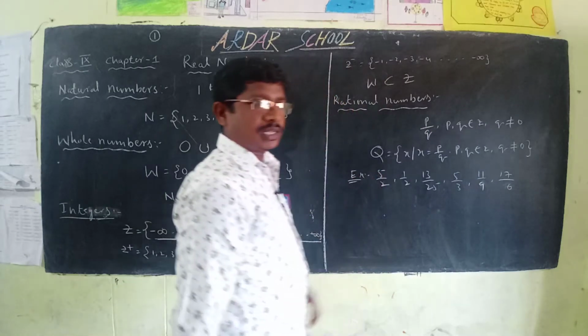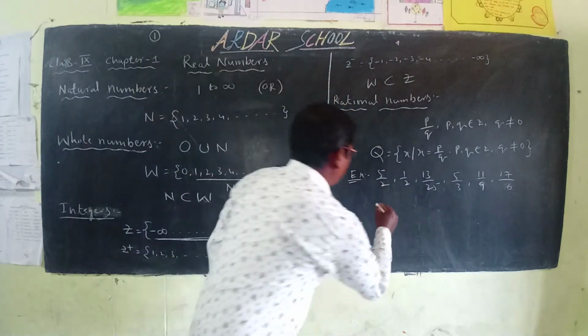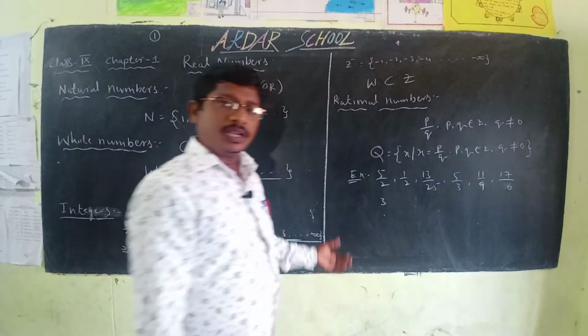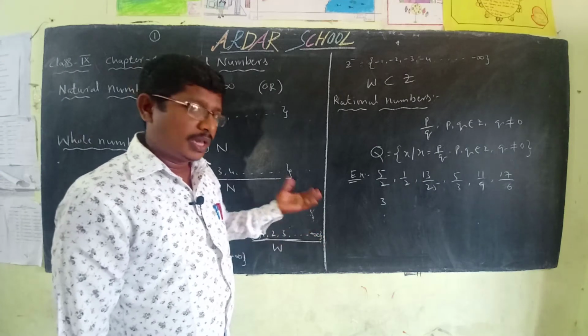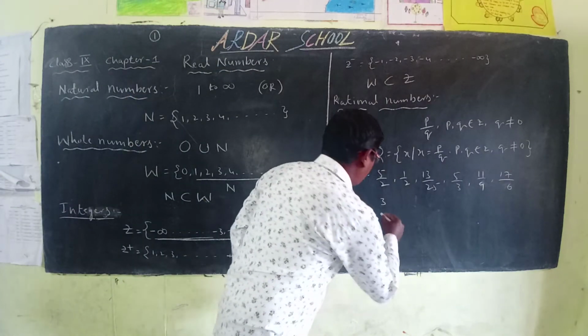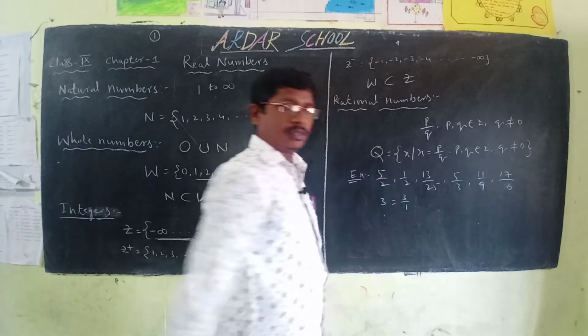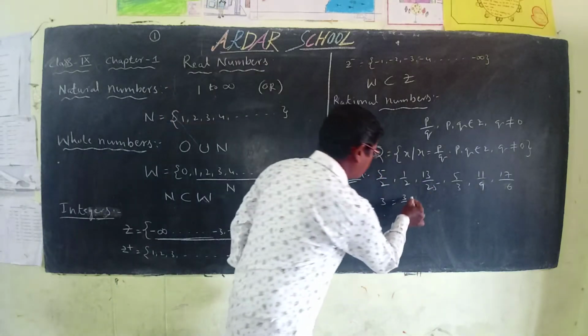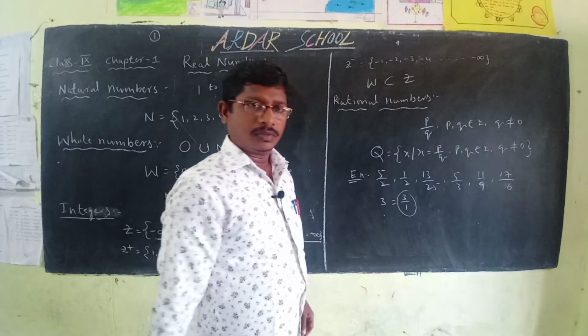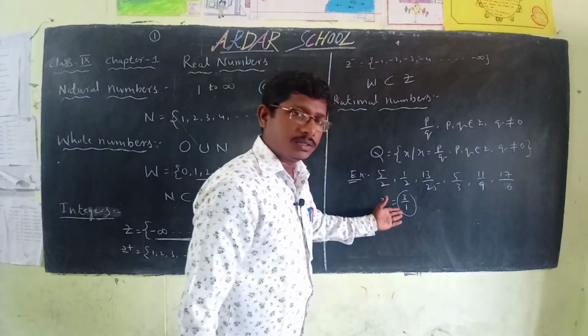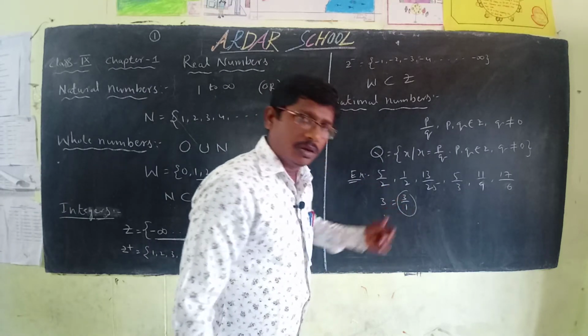Next, what about 3? Is 3 a rational number? Yes, 3 is a rational number. Why? Because 3 can be written as 3 by 1. This is a p by q form. Here p is 3, q is 1, and q is not equal to 0.